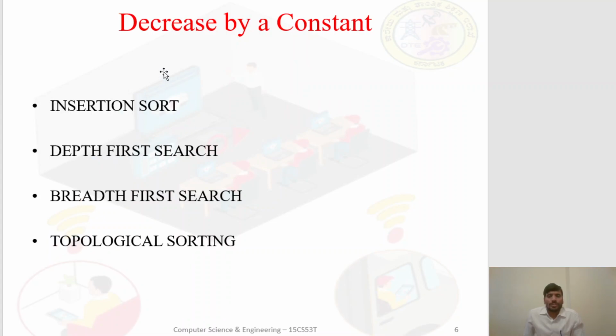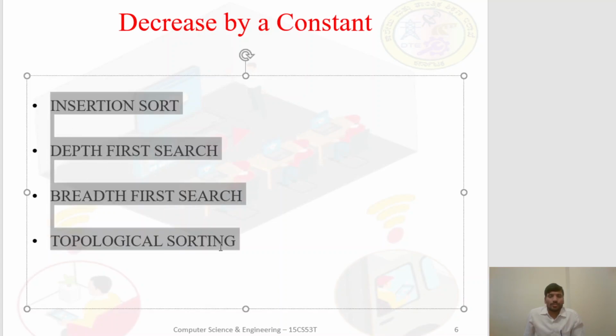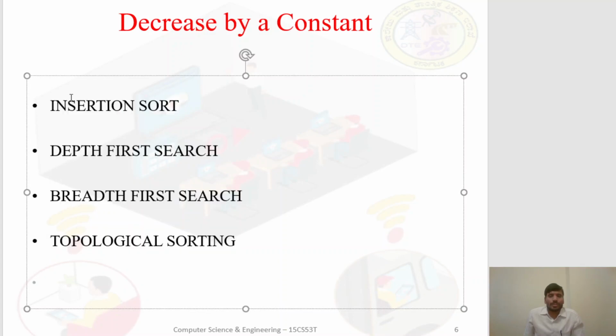So coming to the first variation, decrease by a constant, these examples come under this variation: insertion sort, depth first search, breadth first search, and topological sorting.